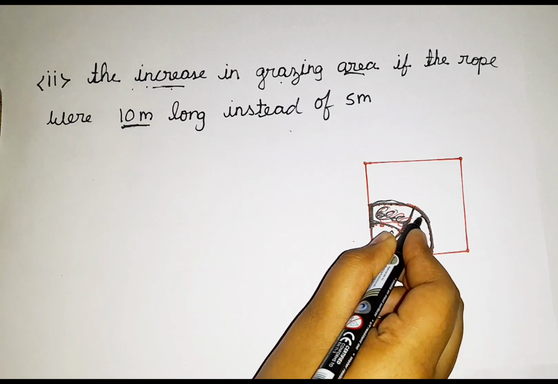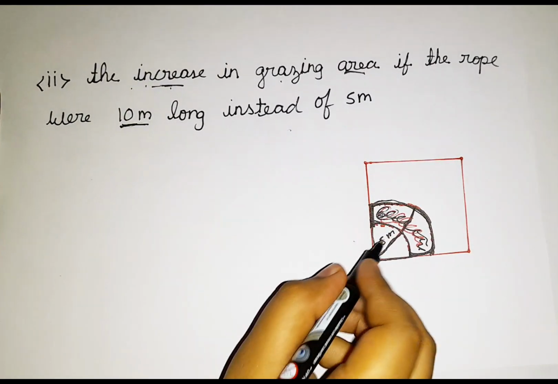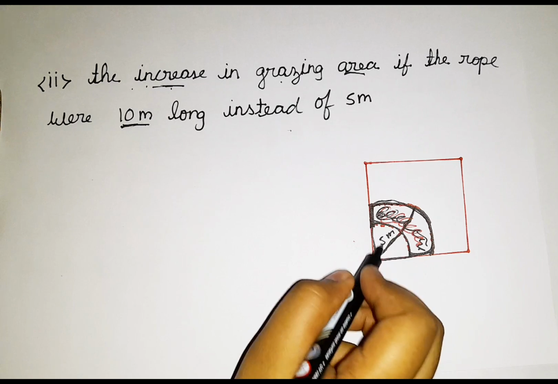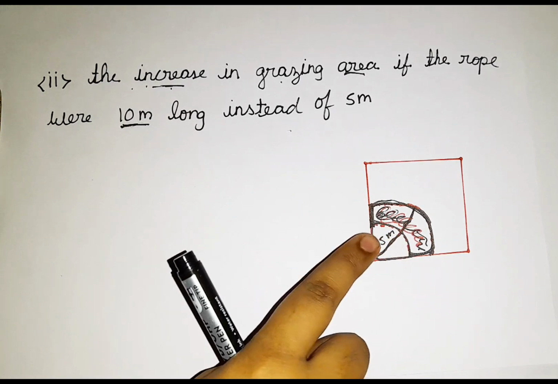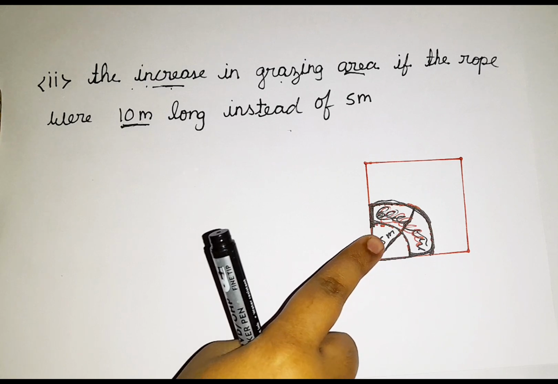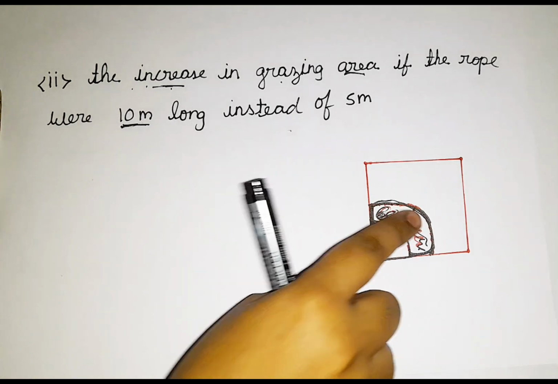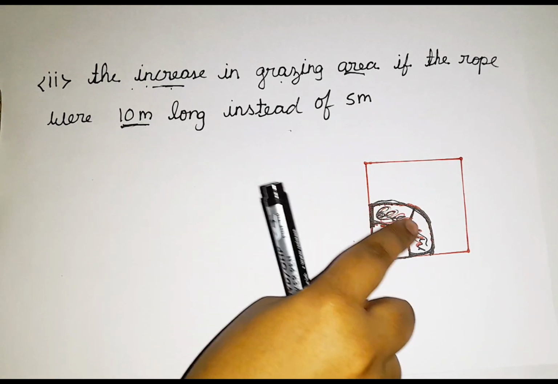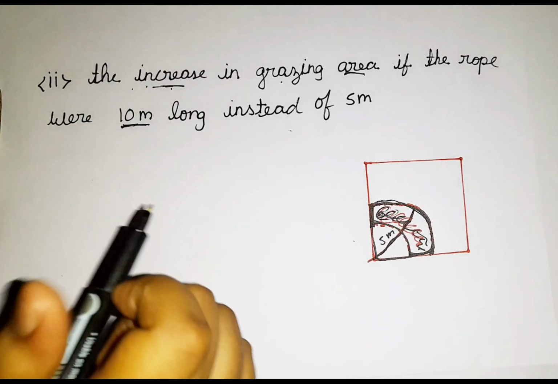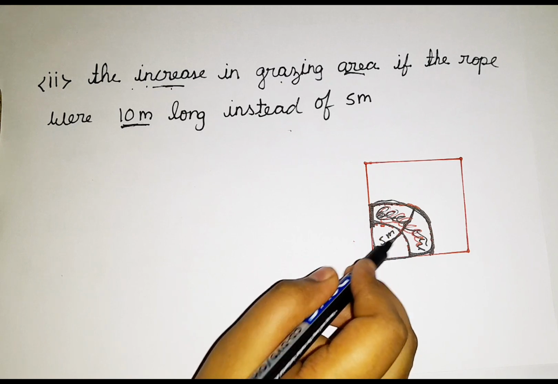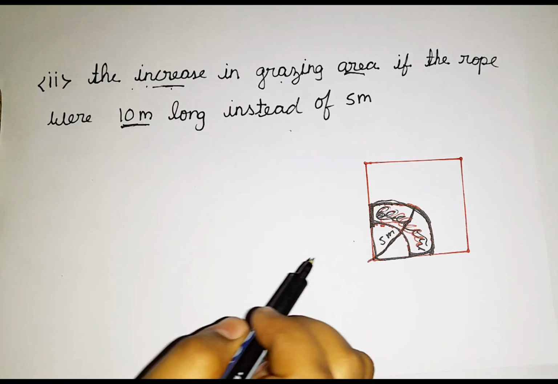How to find only this single part? Here we have a small sector, am I right? When we subtract this sector and this sector, then we'll be able to find this part. Why are we subtracting it?